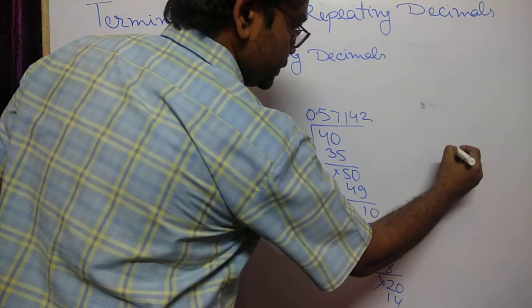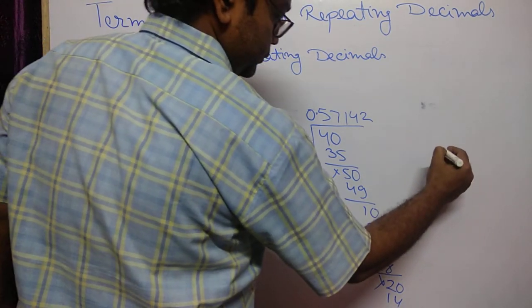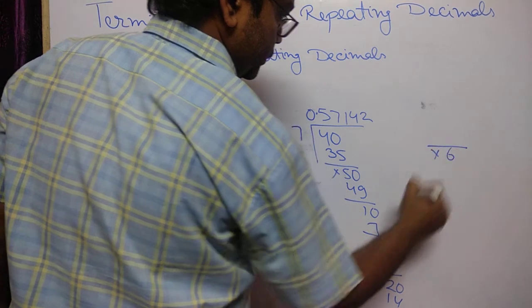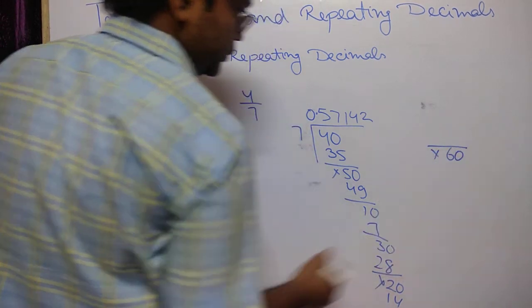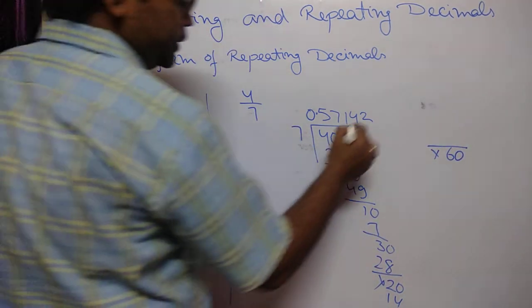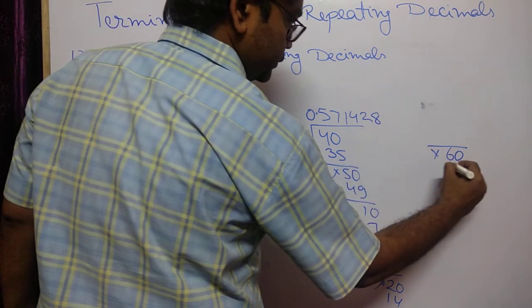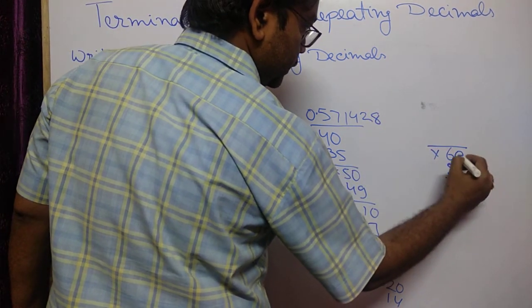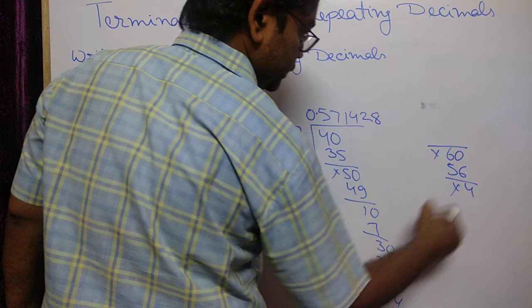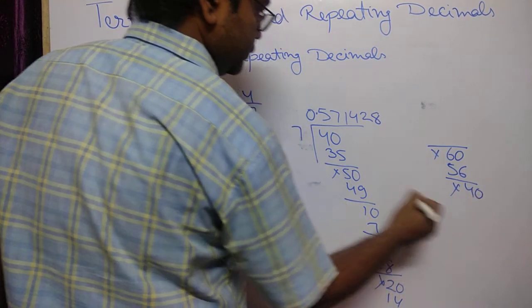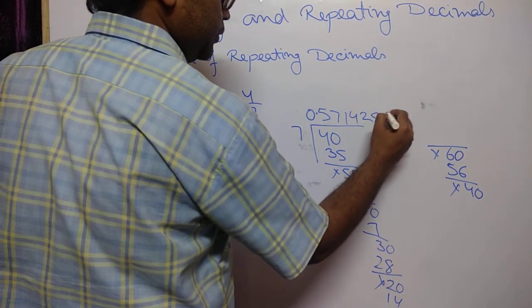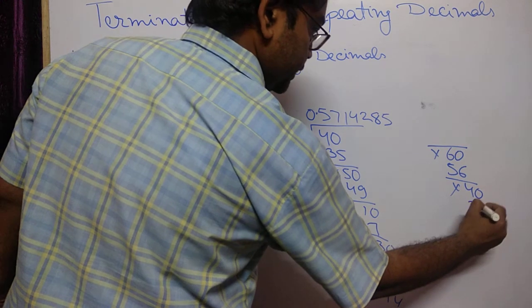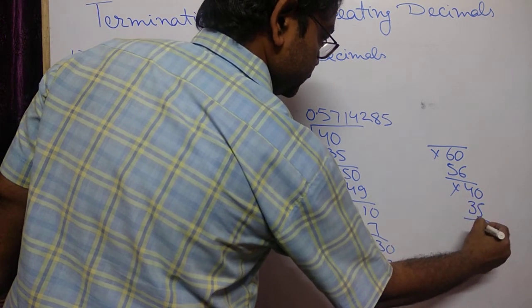It's a 6. Now again 0, 7 8s are 56. 10 minus 6 is 4, cancels. Again 0. Again 7 5s are, now it's a repeating started now.